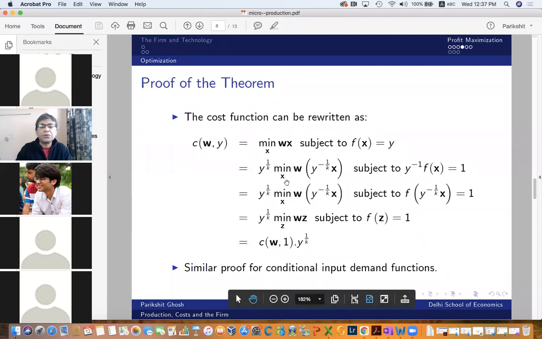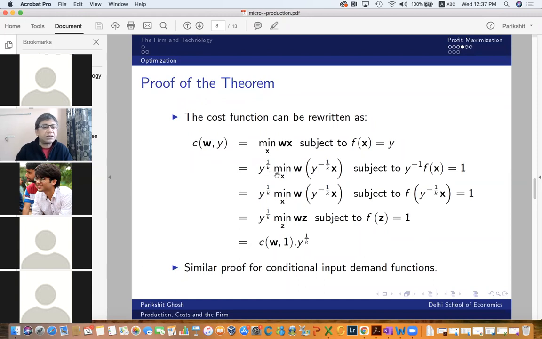So what are we doing in the second step? In the objective function, I am multiplying by y to the power 1 over k, as well as dividing. So I'm taking this input vector x and multiplying it by this scalar, y to the power minus 1 over k, but I'm also multiplying by its reciprocal on the outside.